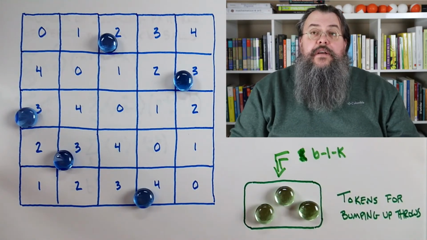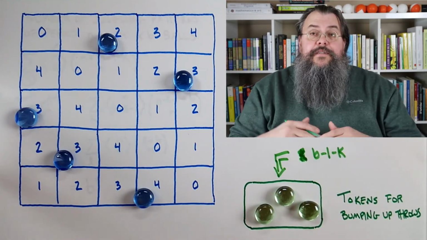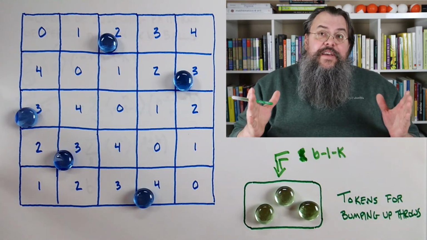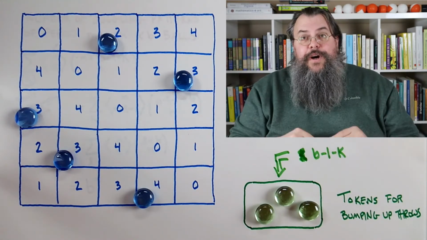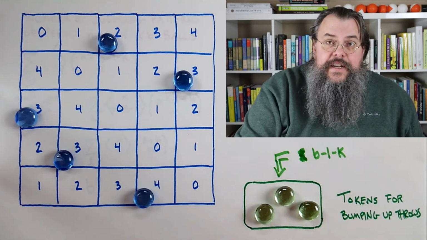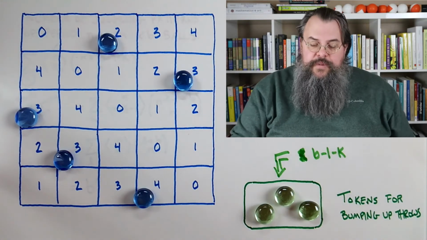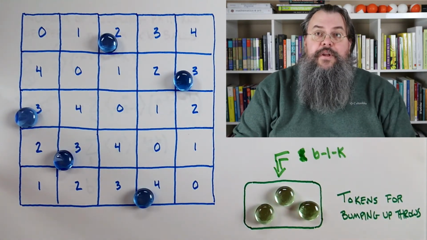That's how many pieces we have available to bump up, because less than b says at most b minus 1, and we've already used k based off our board placement. So we have b minus 1 minus k left for us to place.